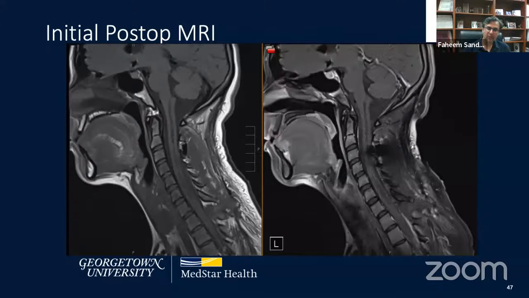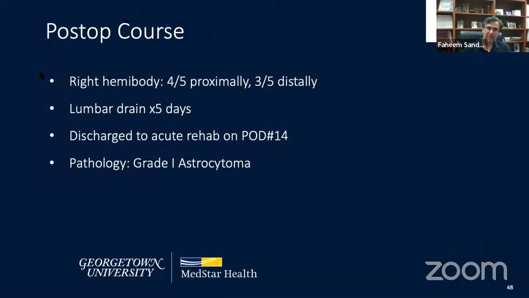She had some weakness, some ataxia immediately after surgery on the right side, predominantly where we had that change in the D-waves. We left a lumbar drain to help with spinal cord perfusion for 5 days. And then at 14 days, she was discharged home, to rehab, and spent a couple weeks there before going home.